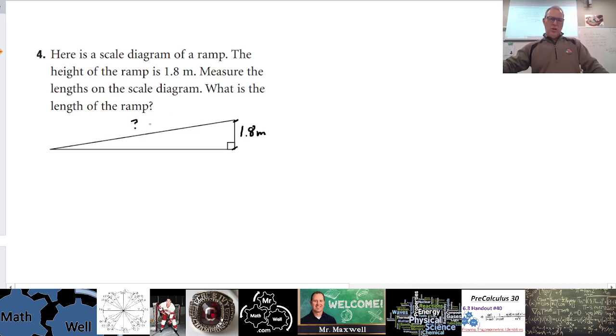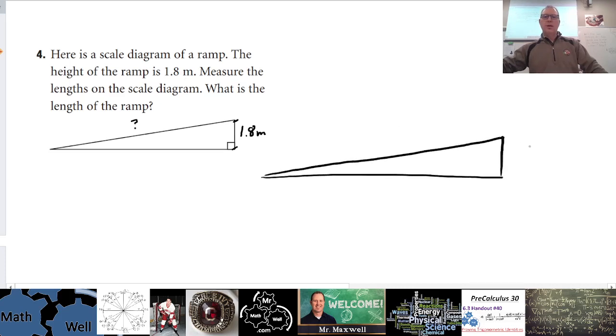What we have to consider here is the actual larger ramp, and I'm going to make a larger triangle that's somewhat the same shape. So if this was the actual ramp, and this was actually 1.8 meters, I want to know what this is. Your job is to find out what this smaller triangle is, and then set up a proportion.